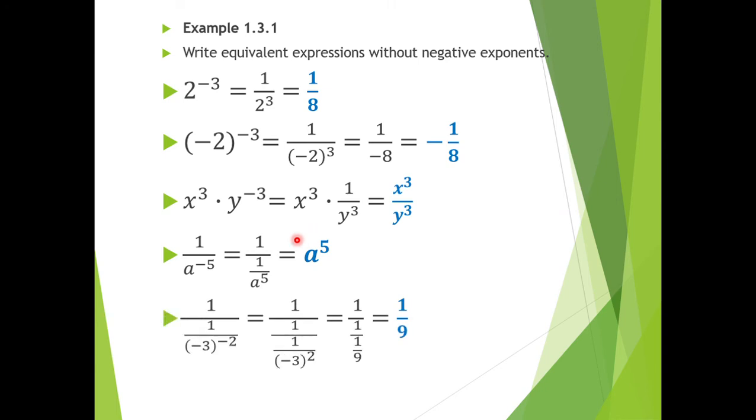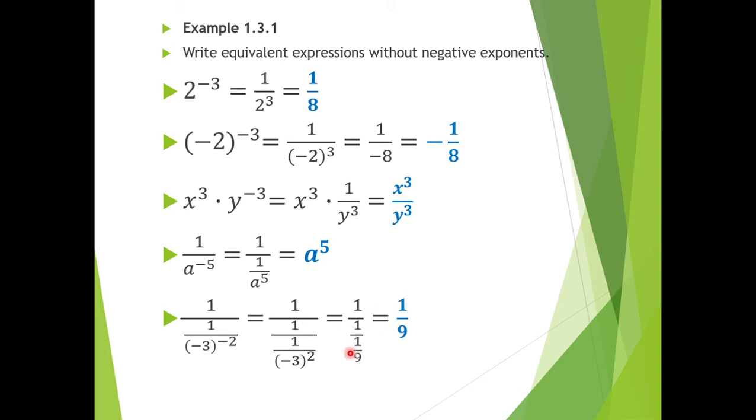Ganun din ulit. So, 1 all over 1 over quantity negative 3 raised to negative 2. And negative 2 yon, so iilalim natin siya para maging positive. I-reciprocal pala. So, magiging 1 all over 1 over quantity negative 3 squared. Pag ni-reciprocal natin, ito magiging ibabaw, tapos yung nasa ibabaw magiging ilalim.